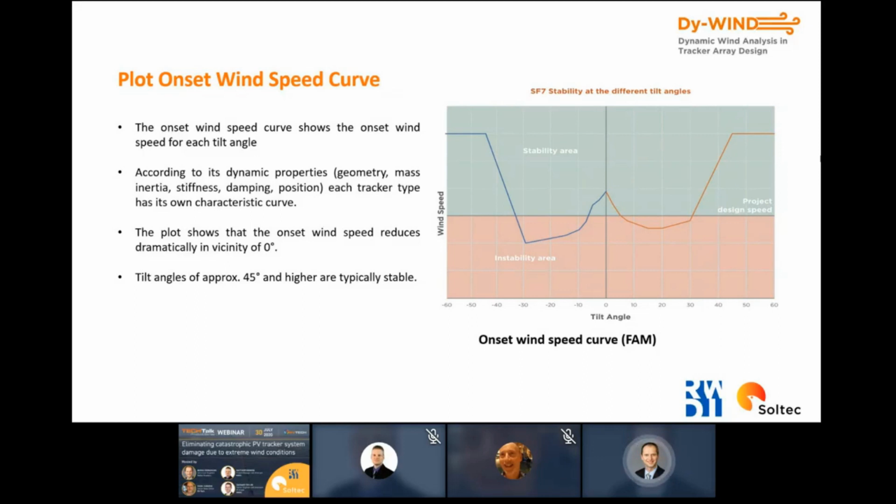And we can also see that the tracker is generally stable for high tilt angle, like 45 degrees and beyond. In this case, for example, this tracker would be positioned at a high tilt angle, for example, 50 degree, to be stable during a storm.